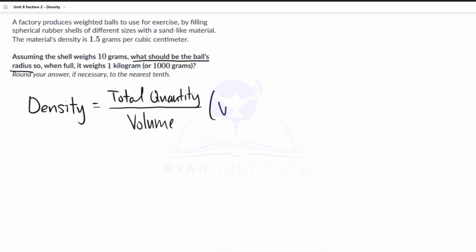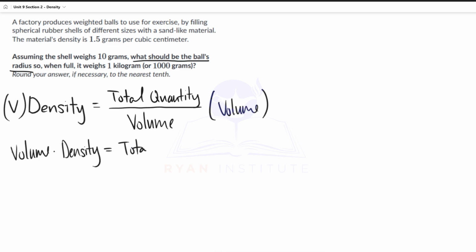So multiply volume on both sides, right? We'll put V for volume. That gives us volume times density equal to total quantity. Divide density on both sides, because volume is what we want by itself.